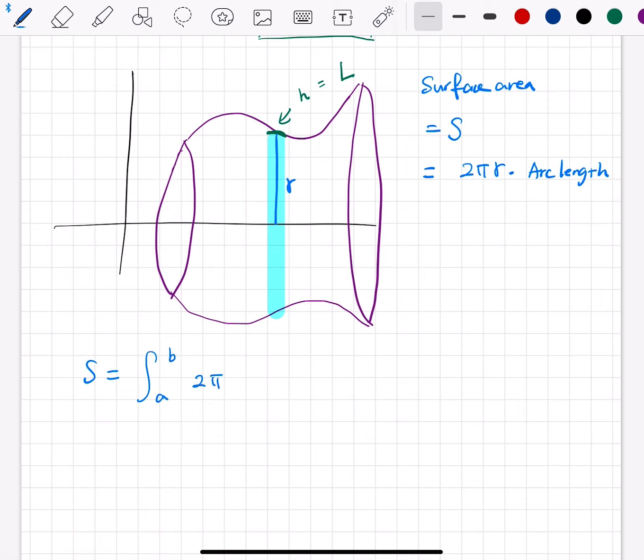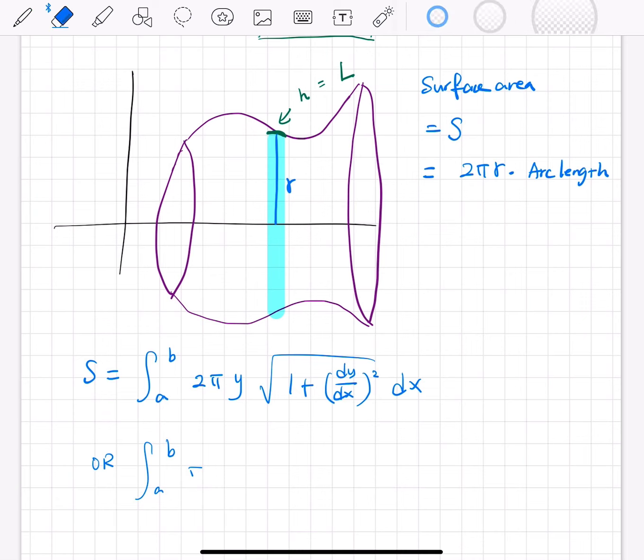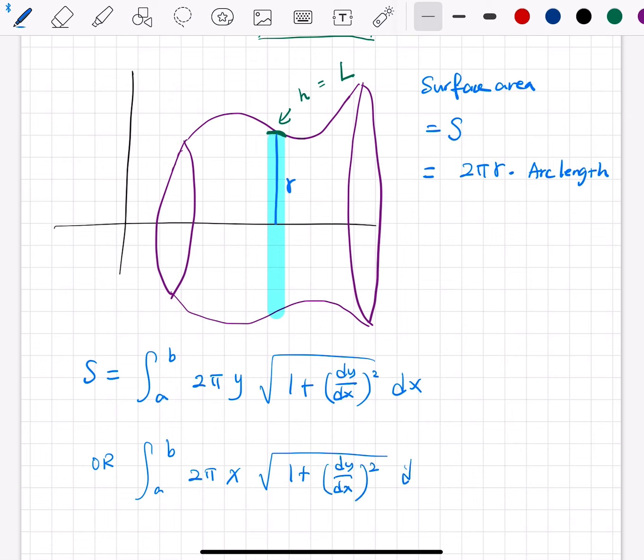either 2 pi y multiplied by the square root of 1 plus (dy/dx) squared dx, or 2 pi x times the square root of 1 plus (dy/dx) squared dx.